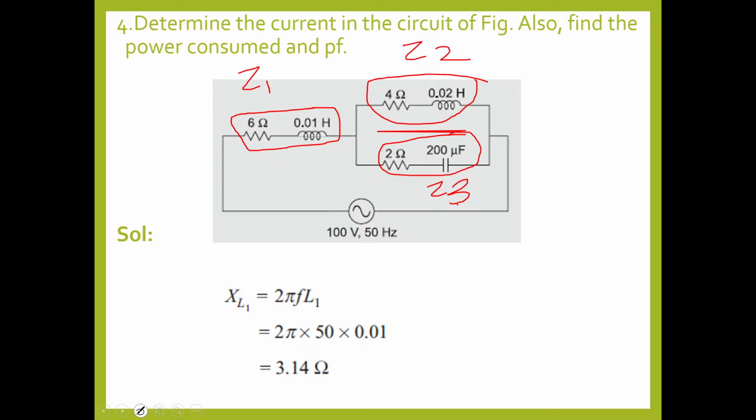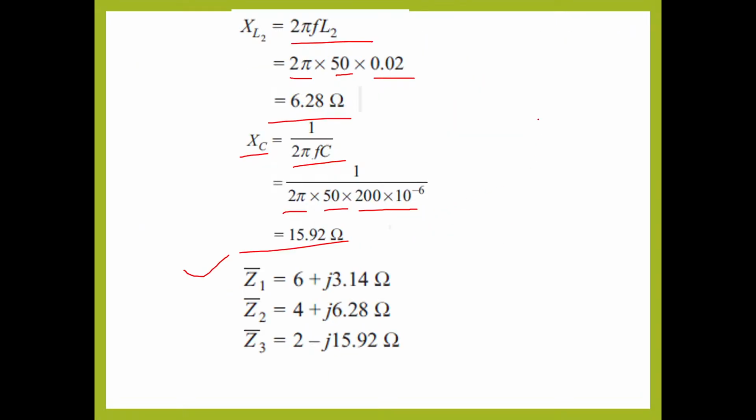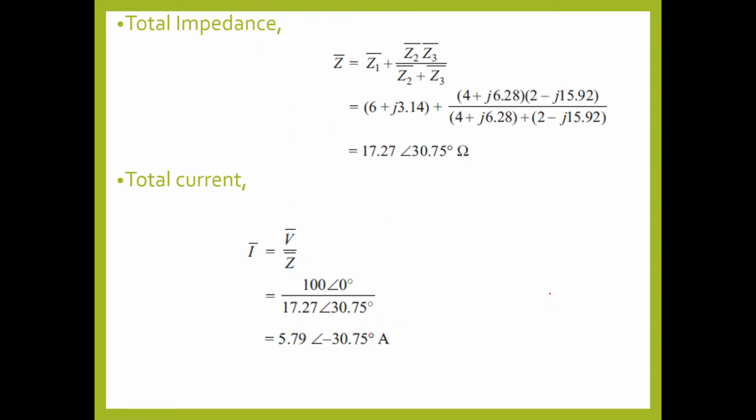Just write down the impedance values using the XL and XC values you have determined. These are the impedances for each branch. Now you know the impedance of each branch, so you can determine the total impedance of the given circuit.